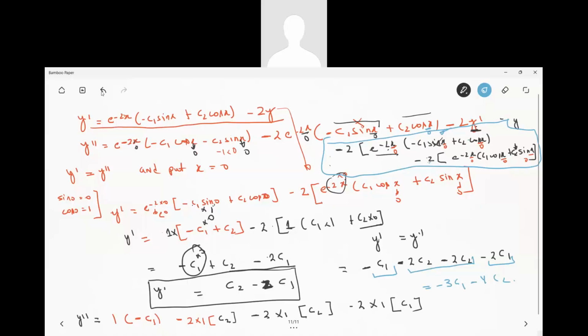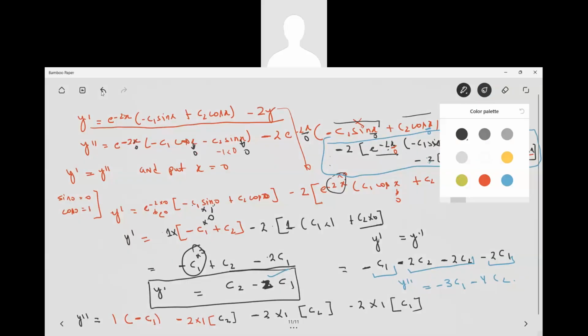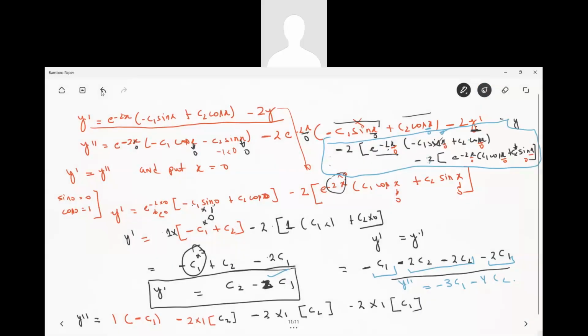So what it says is that these two values are equal. Y dash, you got this: C2 minus 2 C1. Y double dash you got this, right? So you equate both of these, Y dash and Y double dash.